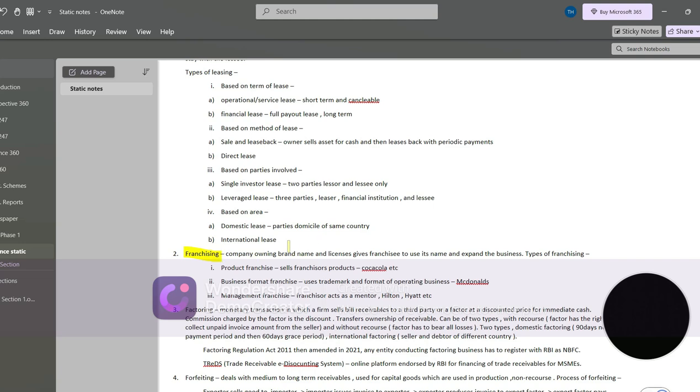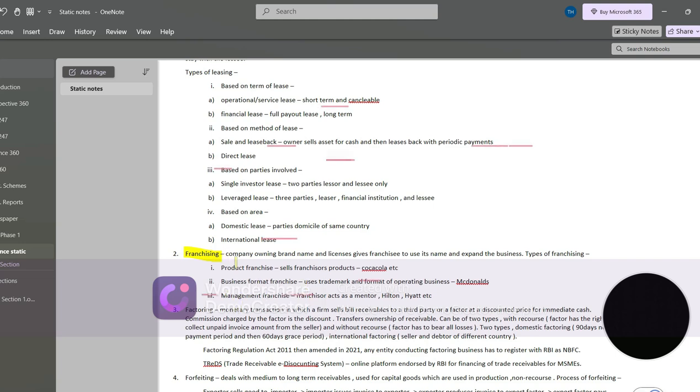Second is franchising. Franchising is basically when a company owns a brand name and gives a license to its franchisee to use its name and expand the business. We can see this for McDonald's, KFC, Coca-Cola. This can be of three types: product franchising, business format franchising, and management franchising.